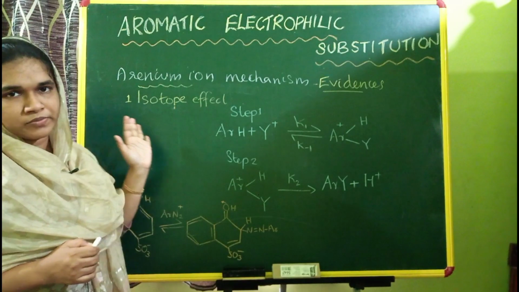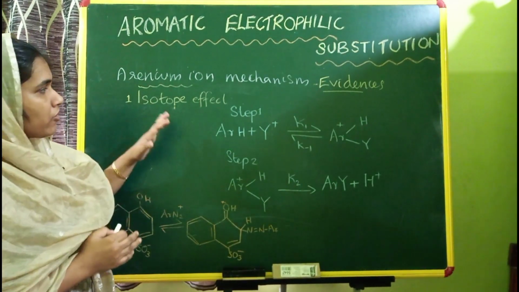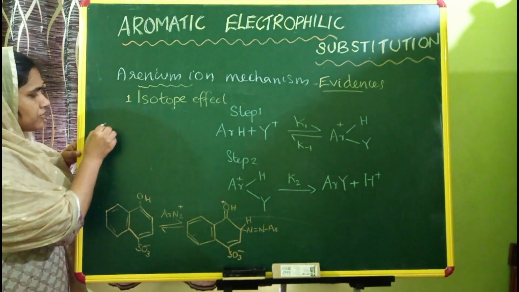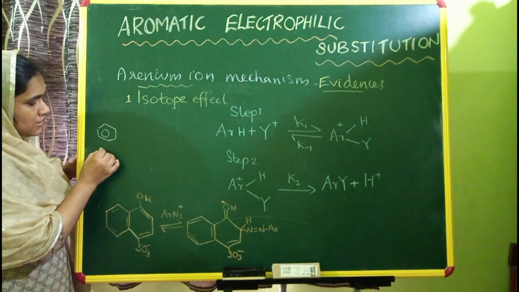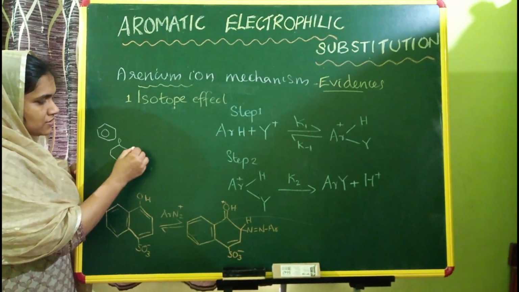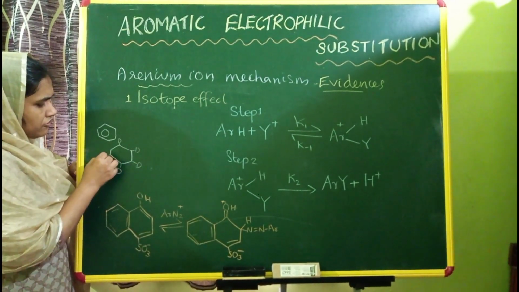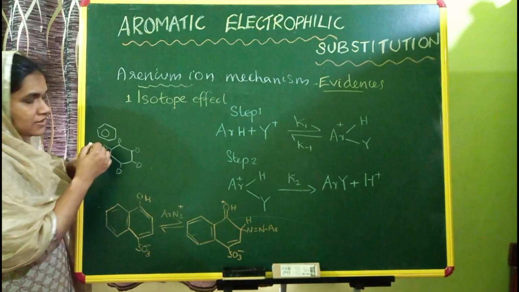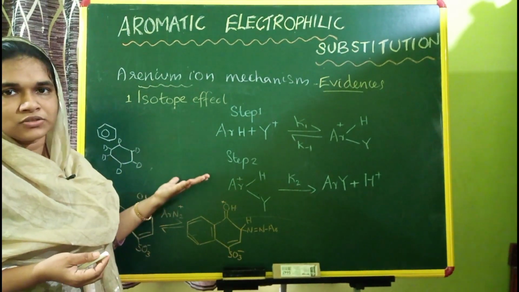First of all, isotope effect. If benzene reacts with the same rate as deuterium substituted benzene, that is C6D6, if these two compounds have the same reaction rate, in such a case there is no isotope effect.